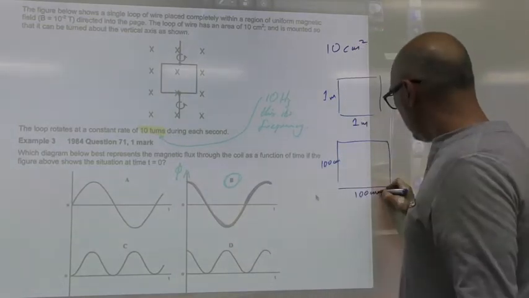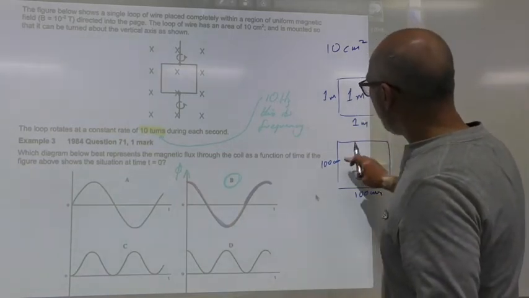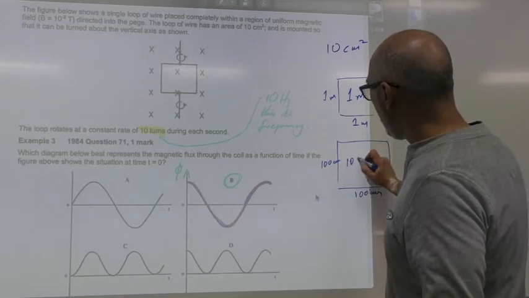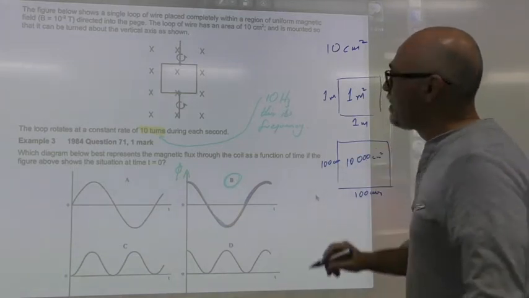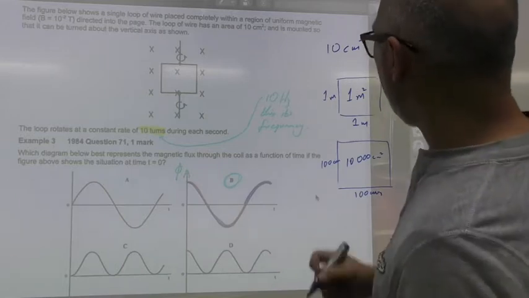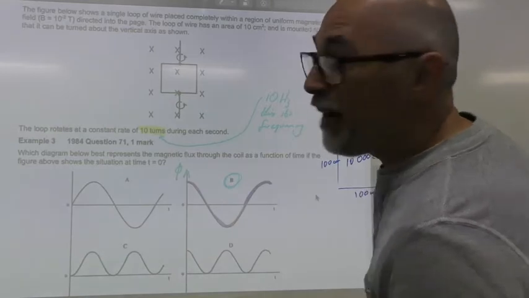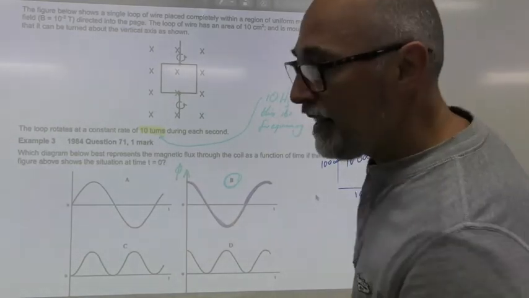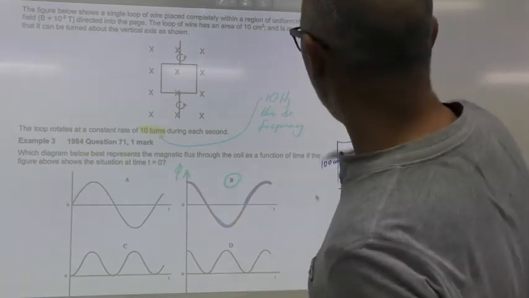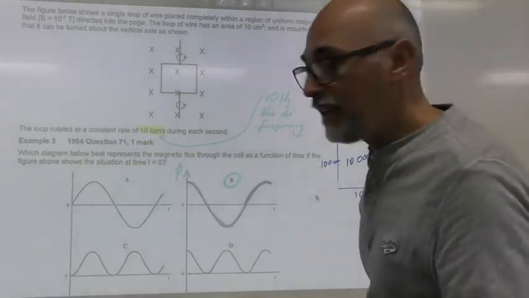So, that gives me 1 square meter, whereas this gives me 10,000 square centimeters. So to convert 10 square centimeters to meters, you don't divide by 100, you divide by 10,000, okay? That is basically how you do it, and that works for everything, okay? Even if you're doing volumes, okay?